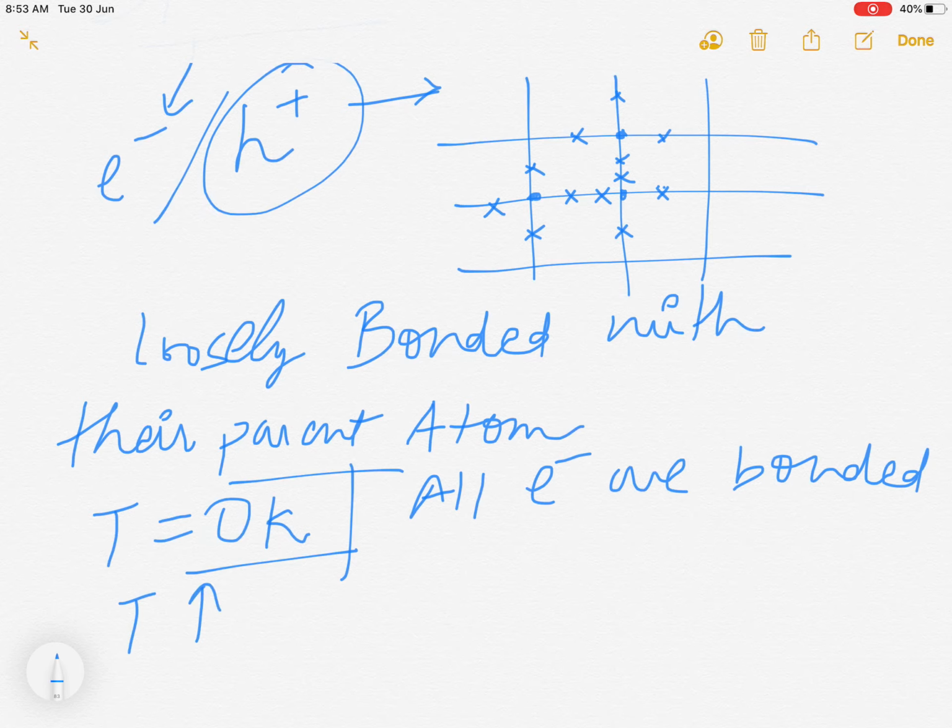Now if the temperature increases, the semiconductor starts getting thermal energy. This thermal energy is provided to electrons.